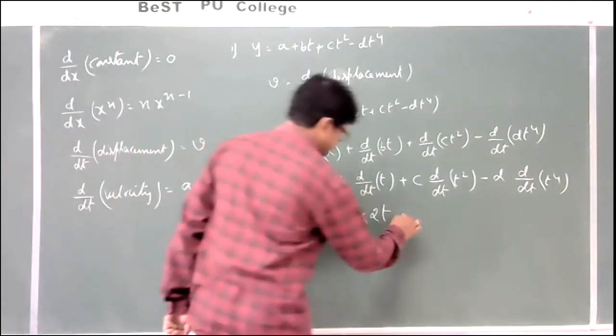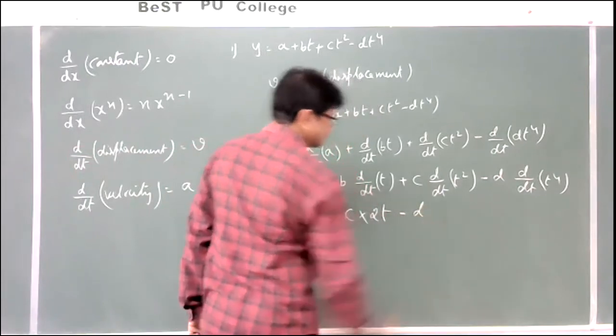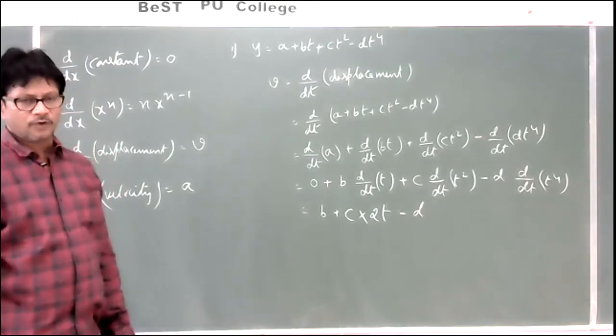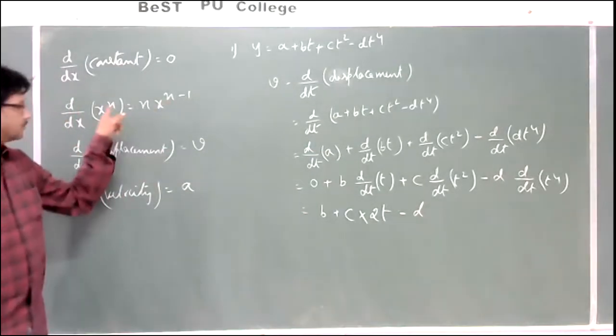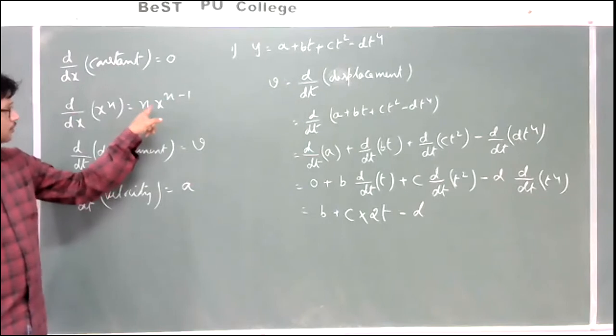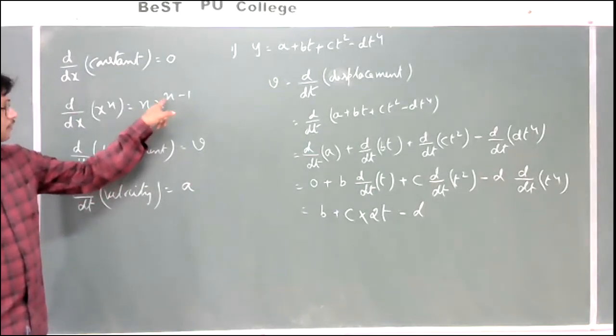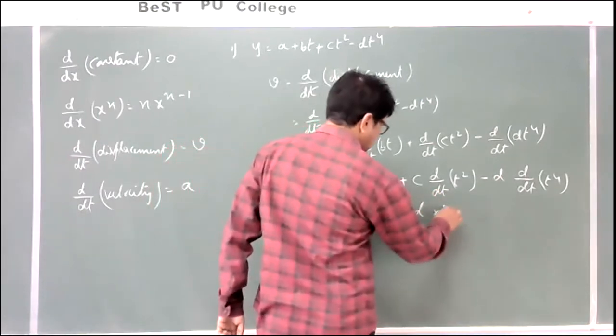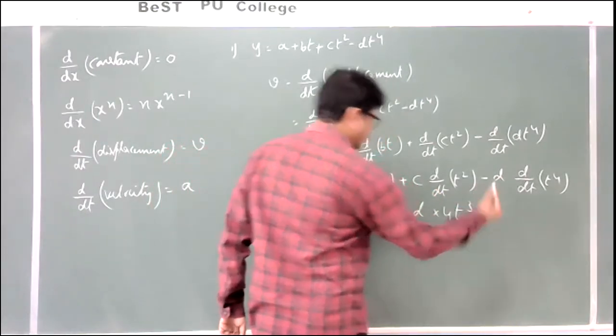Minus d, t to the power of 4. T to the power of 4 means n value is 4. So 4 into t to the power of 4 minus 1. So the differentiation of this is 4t cube.